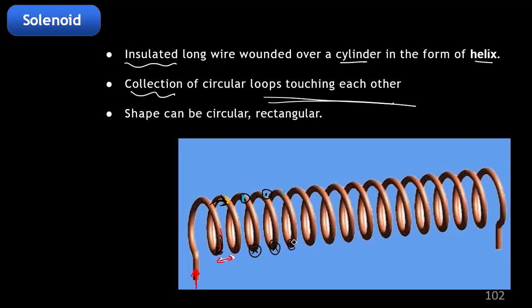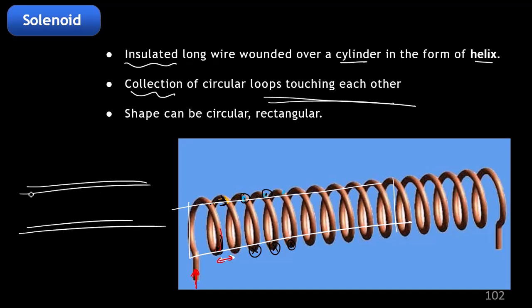Once I cut this solenoid with a vertical plane, these are the tips of the wire. In between there is no part. The upper part is dot dot dot dot like this, and the lower part is cross cross cross like this.